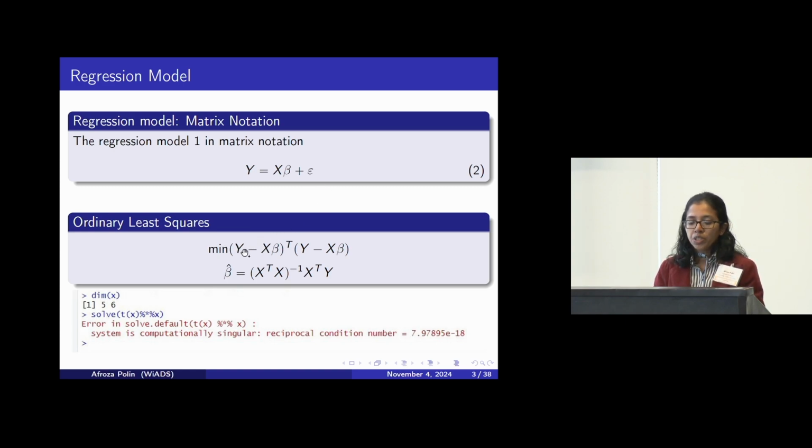Usually we do ordinary least squares, that means we want to minimize the gap between the actual response and the predicted response. X beta is called the predicted response because we assume that the mean of epsilon, the error, is 0.